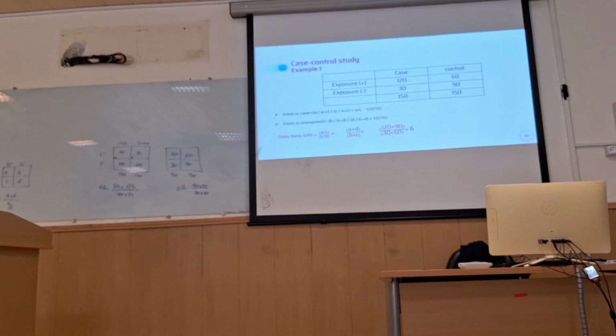Those who are exposed are more likely to be cases. The odds of exposure in the case population is 6 times the odds in control. It's a positive association. It means there is an association between exposure and outcome.